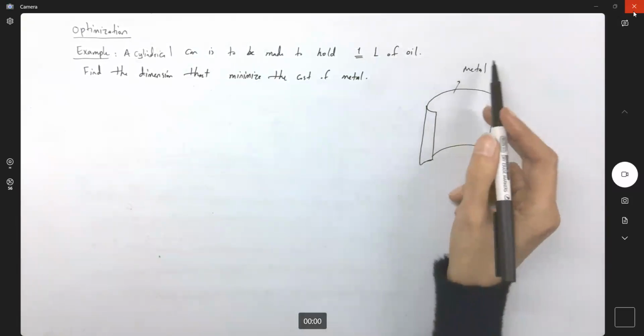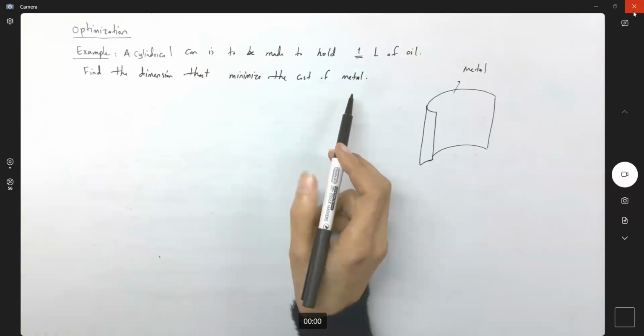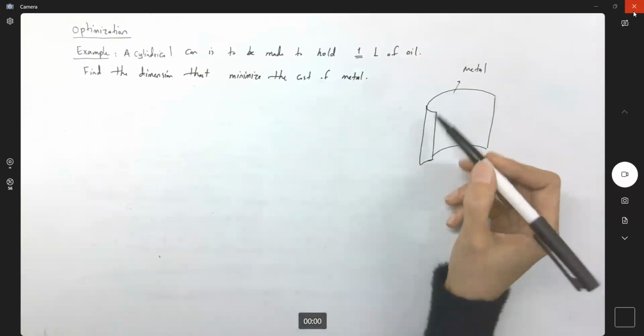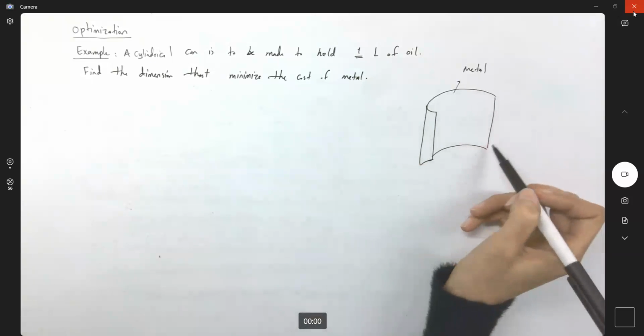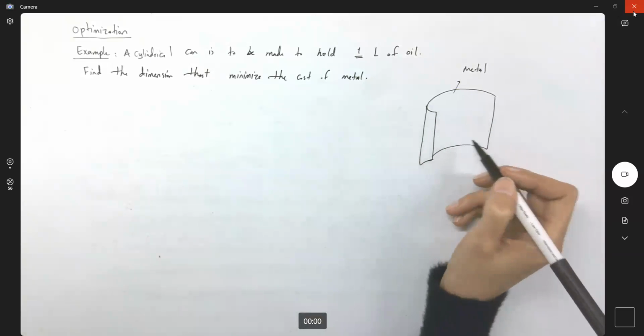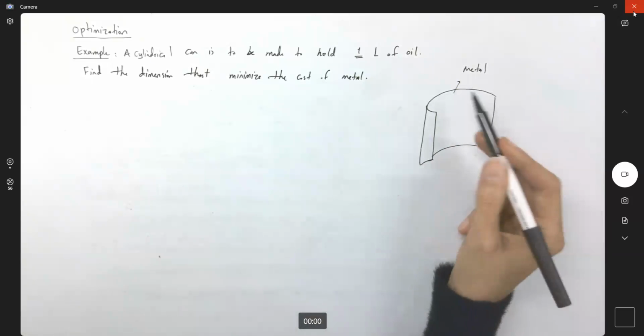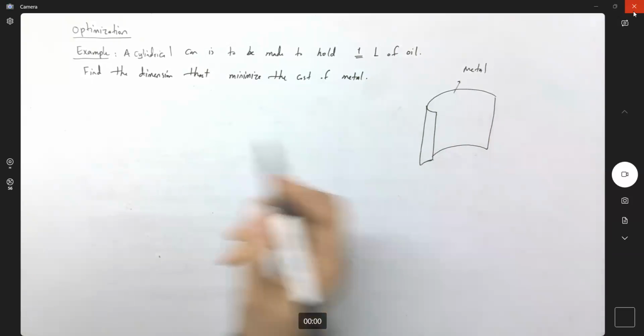So you're trying to minimize the cost of the metal. What's that supposed to mean? It means that you have this piece of metal and it has some area. You're trying to minimize the area of this metal.